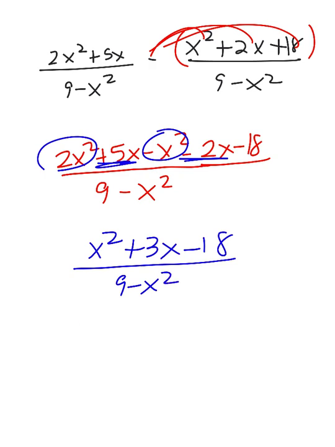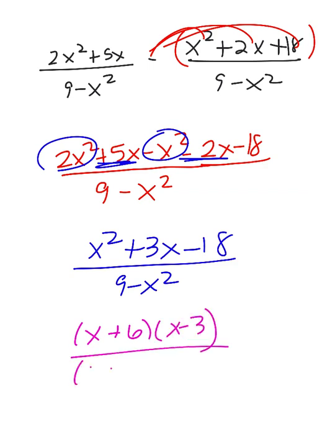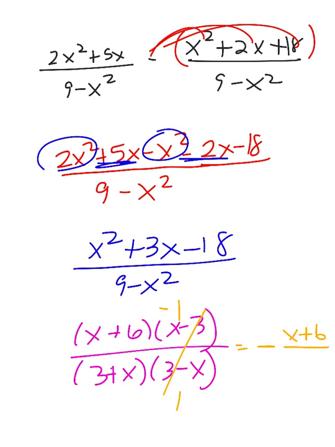The numerator factors and becomes (x plus 6)(x minus 3), and the denominator factors to (3 plus x)(3 minus x). I can reduce: x minus 3 and 3 minus x reduce to negative 1. So my answer is negative (x plus 6) over (3 plus x).